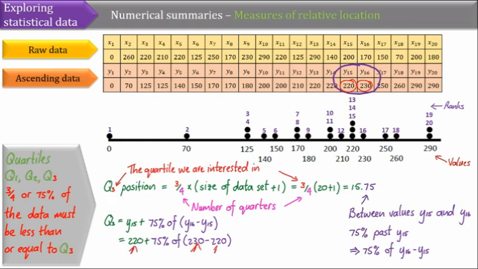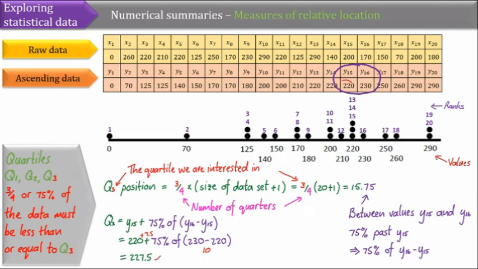There we'll have 230 minus 220, and we'll take 75% of that. So that means 75% of this, okay, 230 minus 220, that's 10, and 75% of 10, that's 7.5. So we'll take 220 plus 7.5, and that gives me my 227.5.